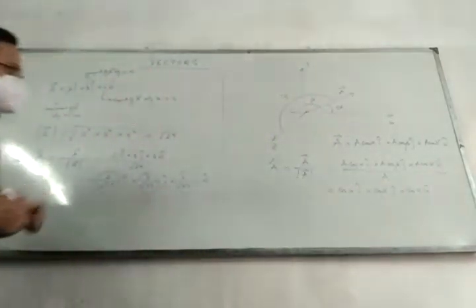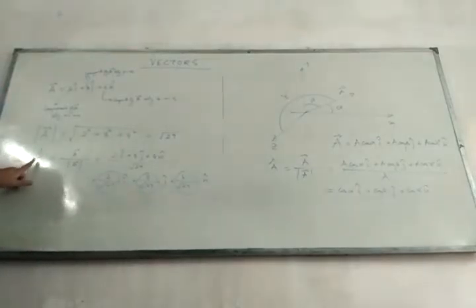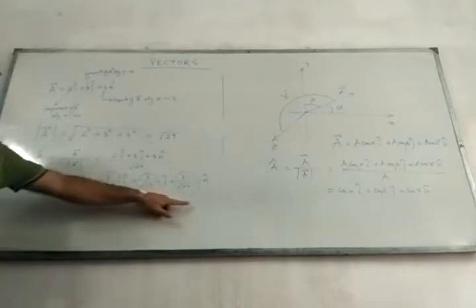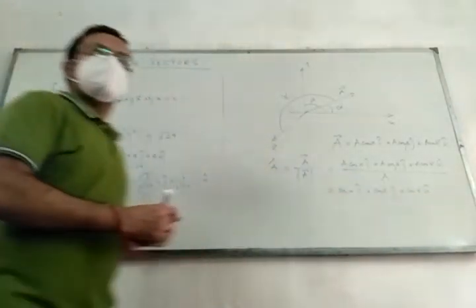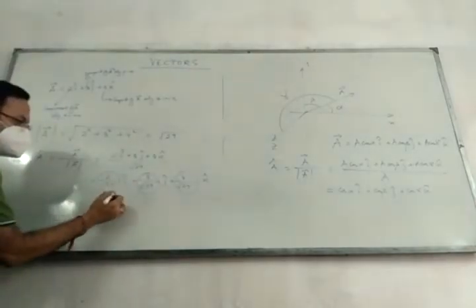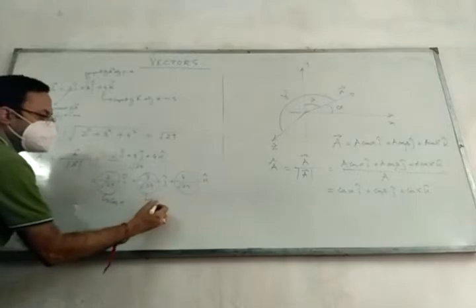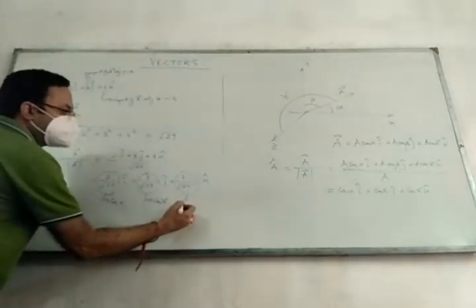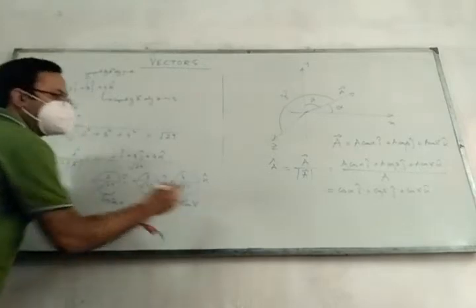Now compare, because the vector A cap is this, and the vector A cap over here is this. So what does this represent? This is cos alpha, this is cos beta, and this is cos gamma.